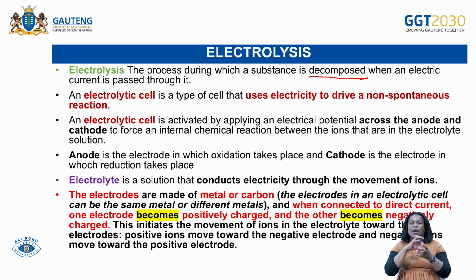Also, there can be a change in the energy conversion. So we usually convert electrical energy into chemical energy with this specific electrolytic cell.